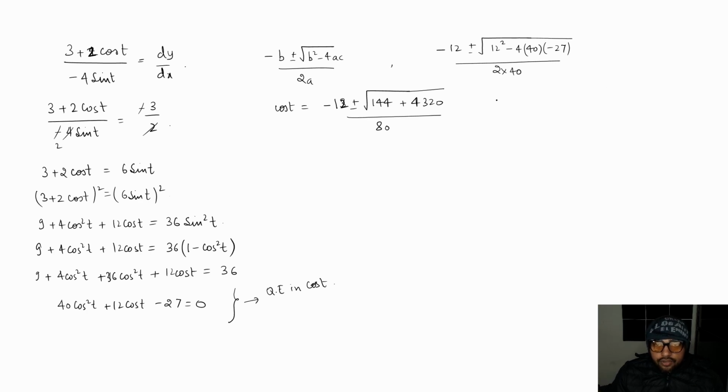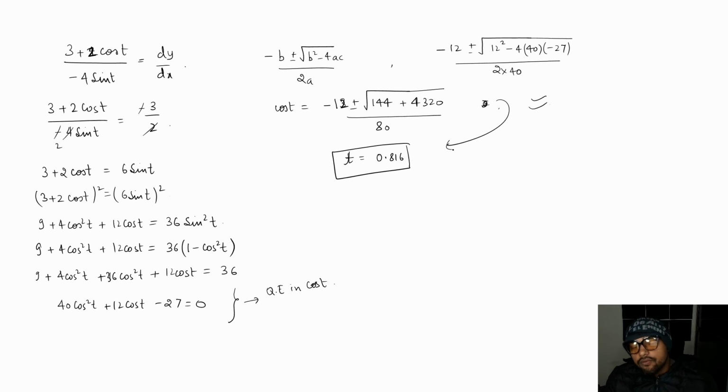Okay, if we take the values here, we can directly simplify this equation. So I'll be writing the values here. After taking the inverse cos on the right hand side, we are getting t equals 0.816. Okay, just solve this equation, then you'll be getting this value.